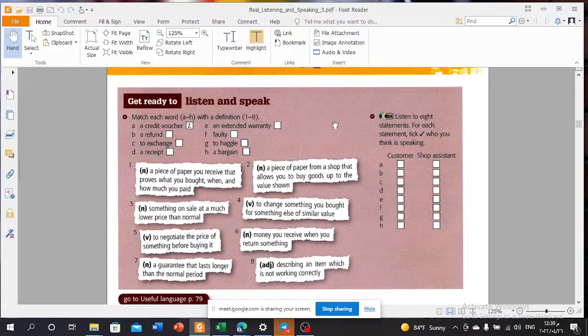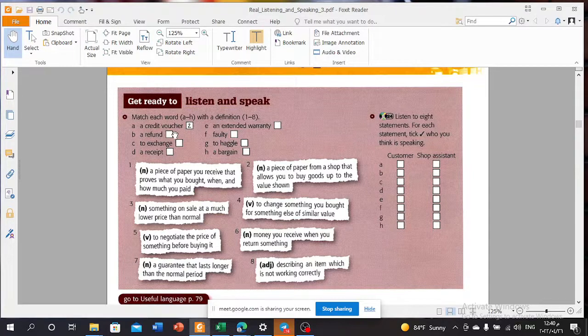These definitions are also important. You may be asked to define certain expressions like a refund, so you have to know how.